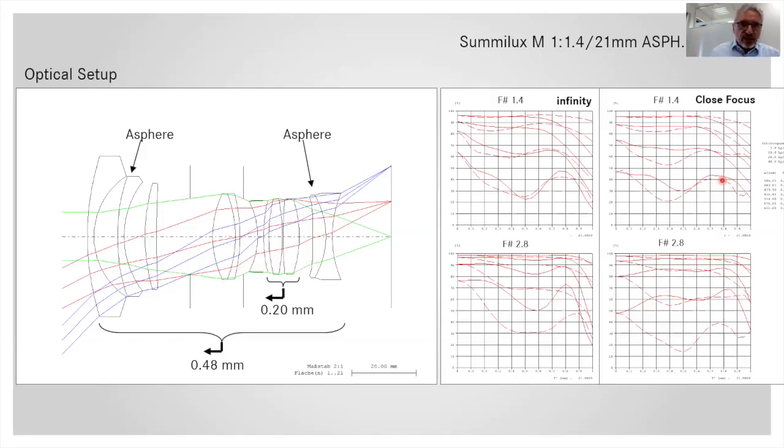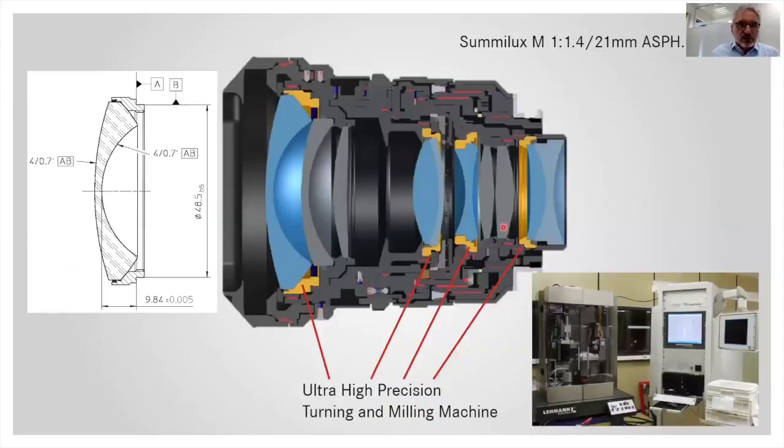And here again, I would like to show you the setup of the 21. Here you see that this first lens element is fixed with this barrel, and this barrel is produced with a high precision turning and milling machine.